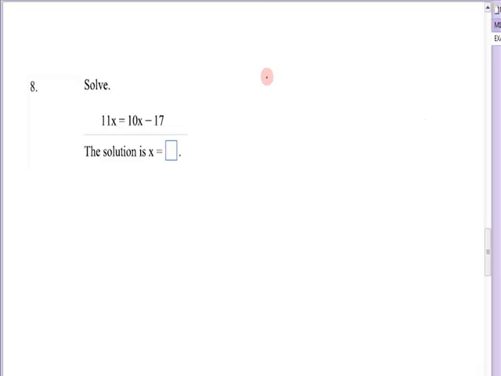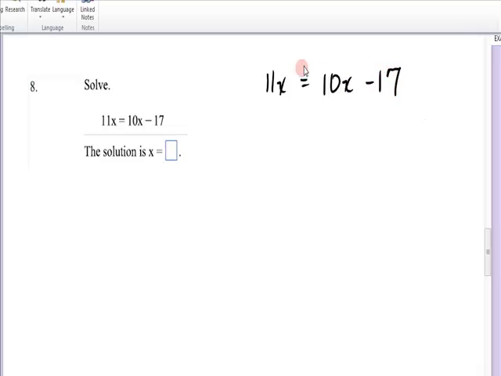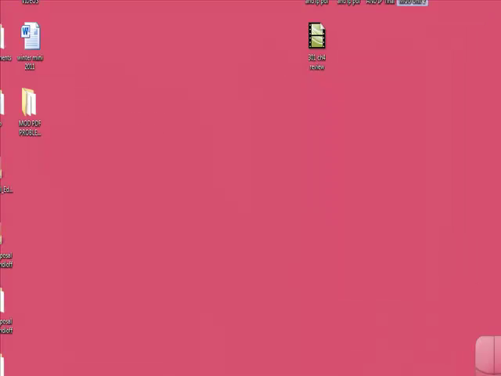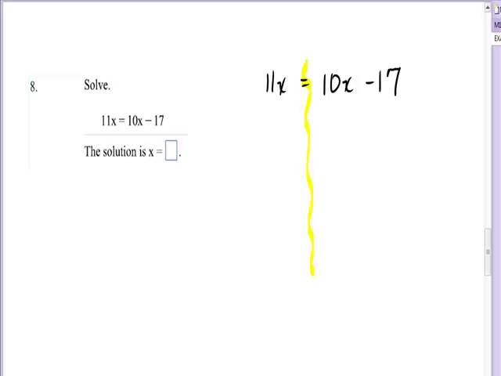All right, next problem. I have 11x is equal to 10x minus 17. Barrier. I notice that I have x's on both sides. Well, that's not a good thing. You have to eliminate one of them. You can either get rid of 11x or you can get rid of 10x.